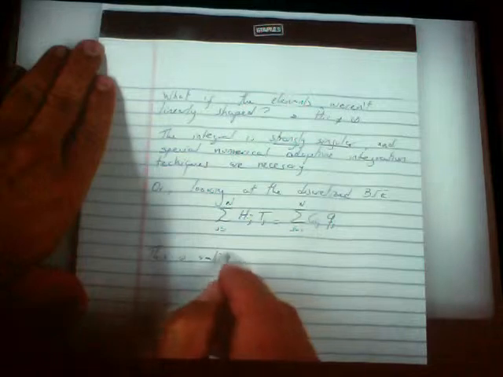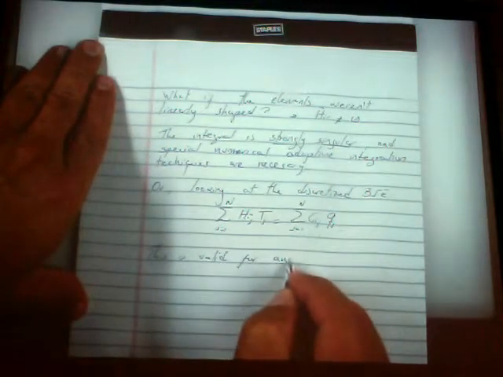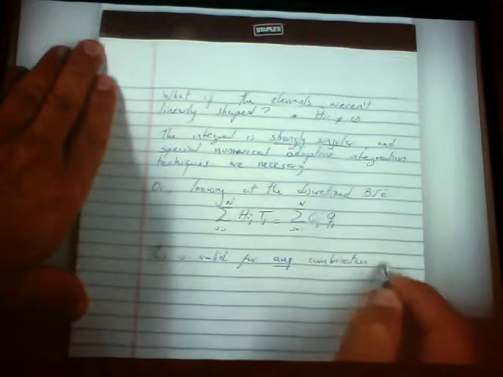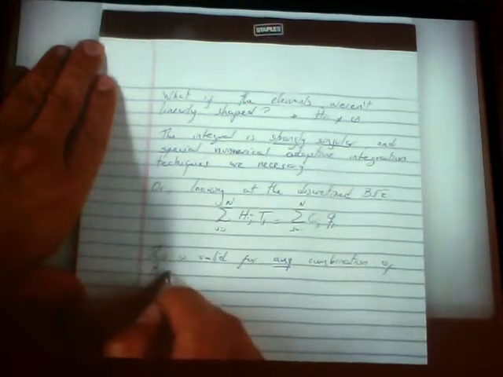If I tell you now the temperatures are these different ones, you should be able to use the same g's and h's. Okay? This is valid for any combination of boundary conditions.